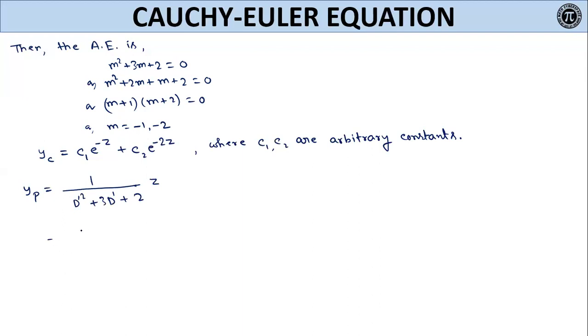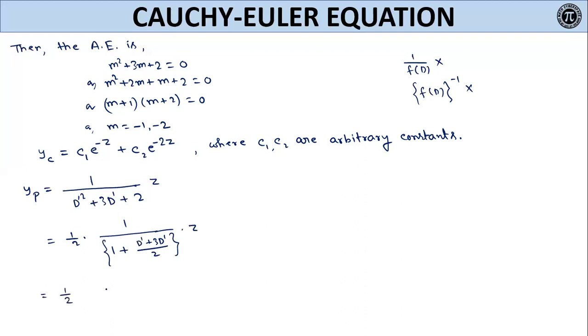Obviously this is a polynomial, and I have told you if capital X is a polynomial, just invert f of D: f of D inverse capital X. So just take common the constant number: half into 1 by (1 plus D dash plus 3D dash divided by 2) into z.